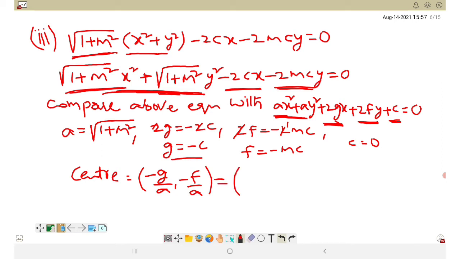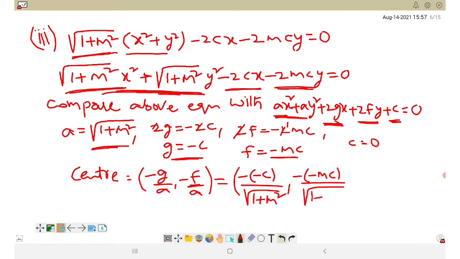So g is minus c, and a is square root of 1 plus m square, so minus g by a is c by square root of 1 plus m square.